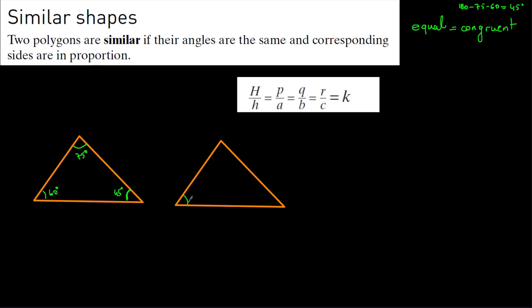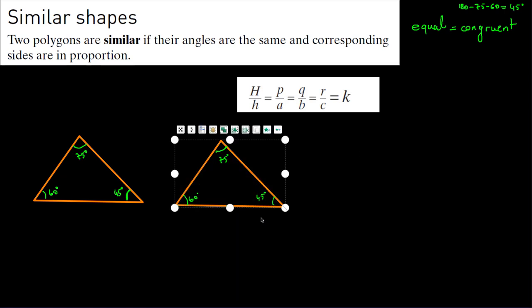So this is also 60 and 75, and this is also 45 degrees. Then these two triangles are congruent now.